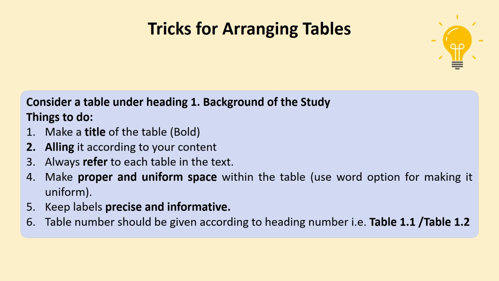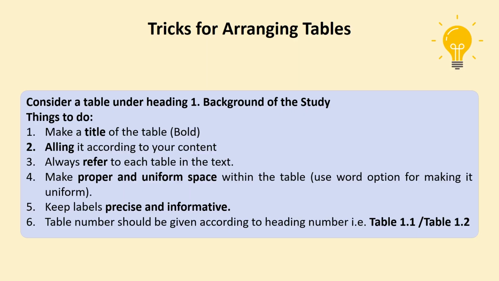Last is, table number should be given according to heading number. For example, you can see here we have taken a heading, background of the study. That is heading number 1, background of the study. Under the heading, if you have 2 tables, you can give the numbers like table 1.1, table 1.2, and if you have more tables, you can give table 1.3 and so on.